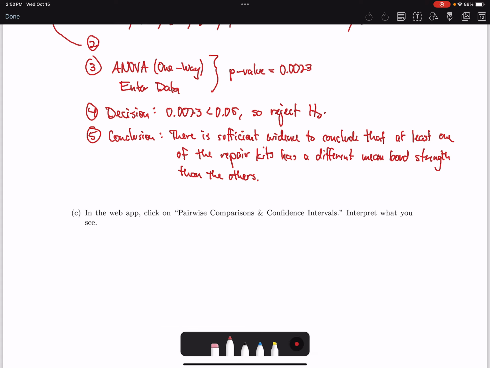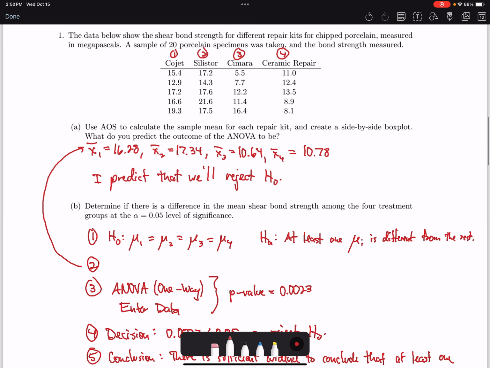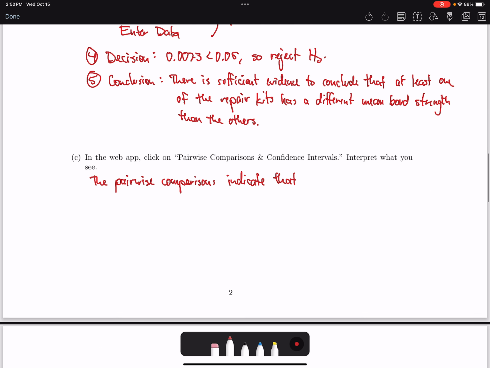Well, the pairwise comparisons indicate that groups 1 and 2, that's cojet and Sillistor, have a similar mean.